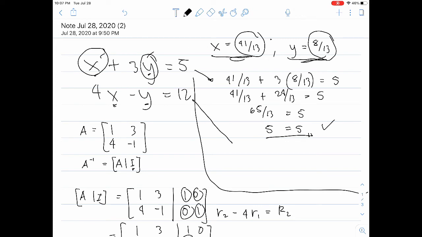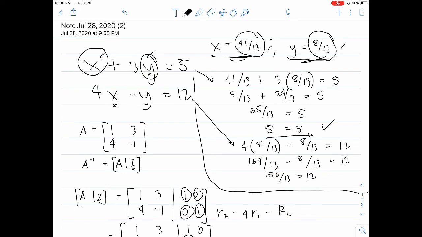So, kani, gamit ang kaning values, mao siyang 4 times 41 over 13 minus y, which is 8 over 13 is equal to 12. Dapat, kanang side, mahimo ni siyang equal to 12 para makaingon ta na tama ato ang value. 41 times 4 is 164 over 13 minus 8 over 13 is equal to 12. 164 minus 8 is 156 over 13 is equal to 12.